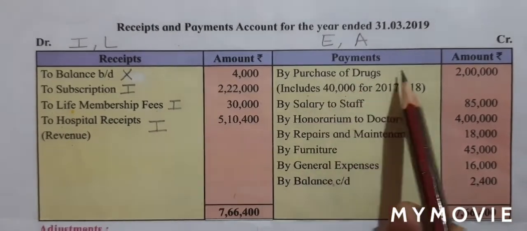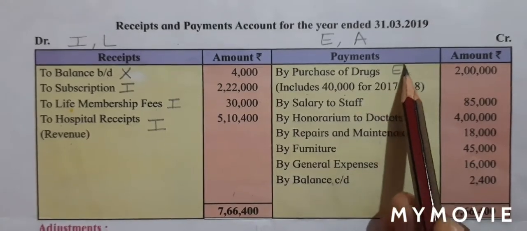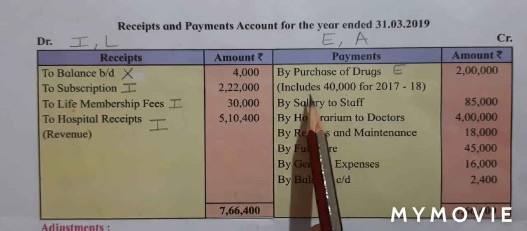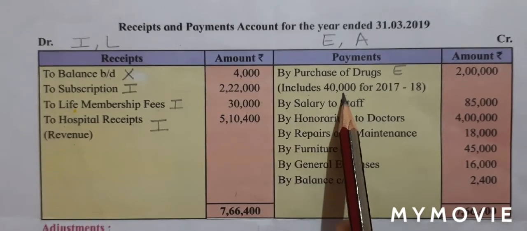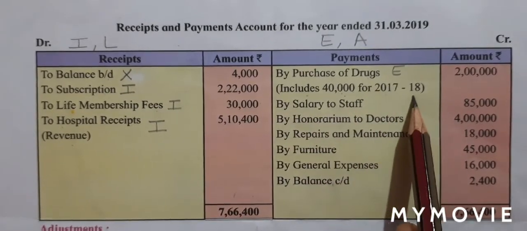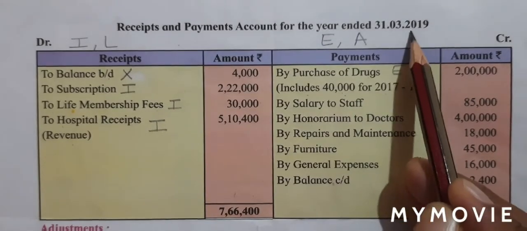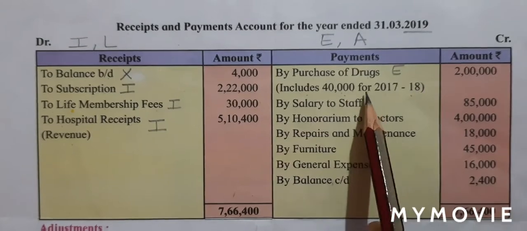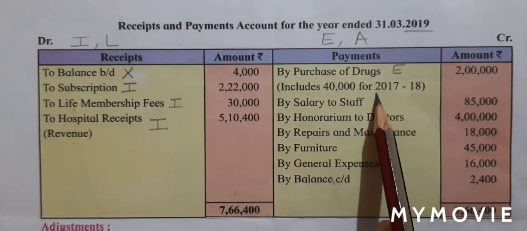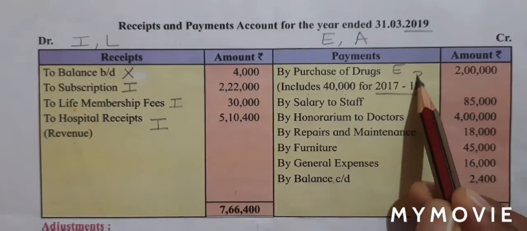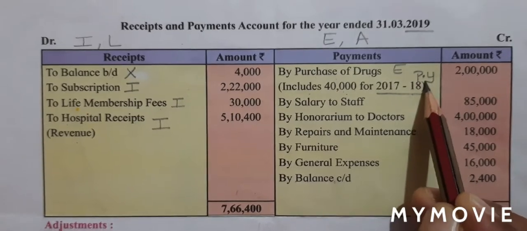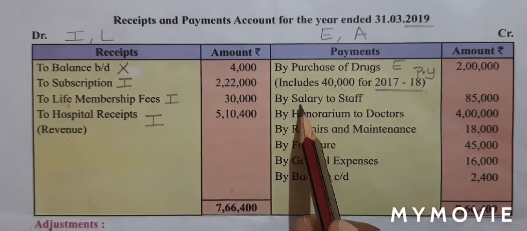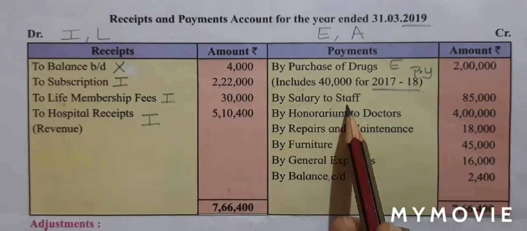Purchase of drugs, expense. There is an information given to us that this purchase of drugs includes 40,000 for 17 and 18. My year is ending on 2019, which means this is the expense which is with regard to our previous year. So we have to make a note of this, students. Next is salary to staff.